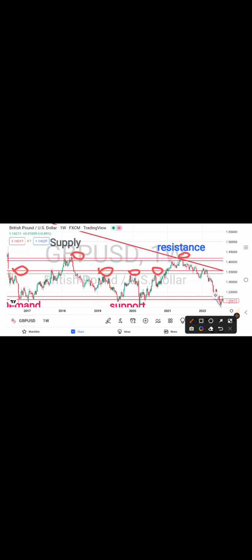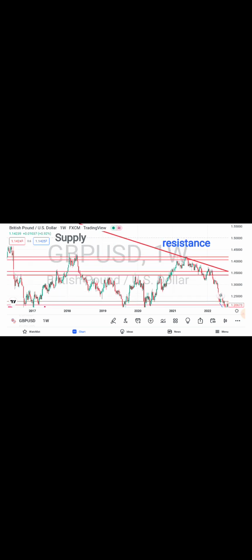Those are resistance points in the market, and you can only draw resistance points when you have two touches or more in the market. So that's the second rule to drawing supply and demand lines, or resistance and support lines in the market. Very, very simple and straightforward.